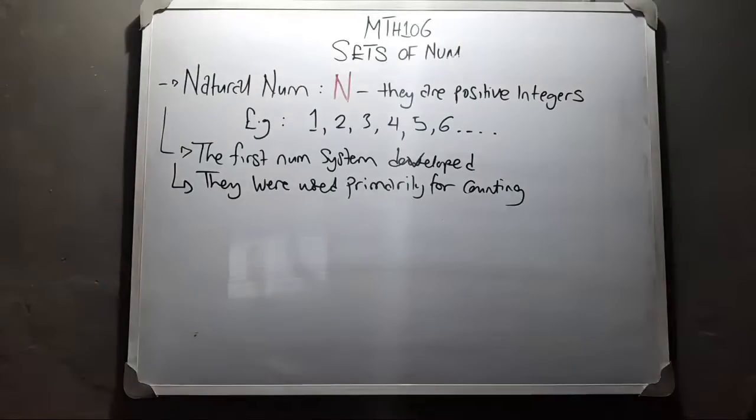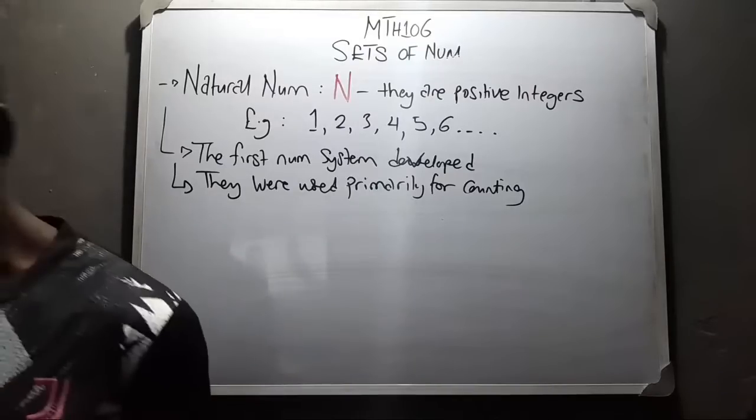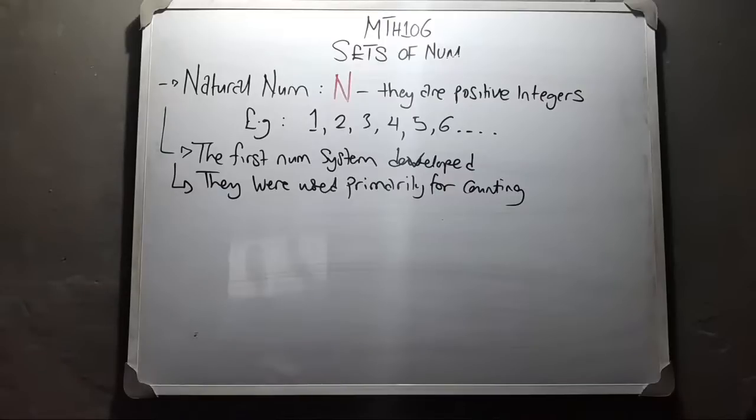There was a certain time that the only thing they were used for was counting. This natural number set is said to be the first number system developed. So we have that as that.